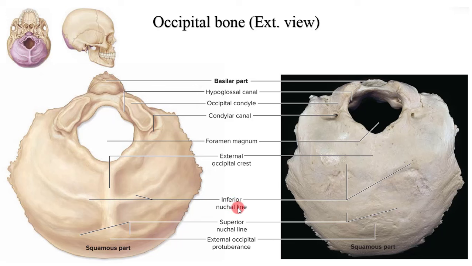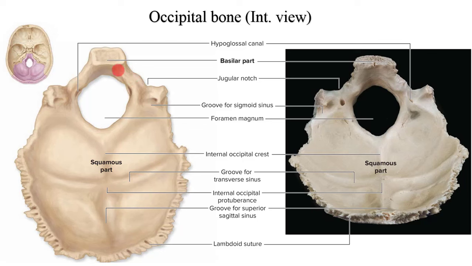These ridges are attachment sites for ligaments and neck muscles. Males have larger and more robust nuchal lines because males tend to have larger muscles and ligaments. The portion of the occipital bone that helps form the jugular foramen is called the jugular notch.